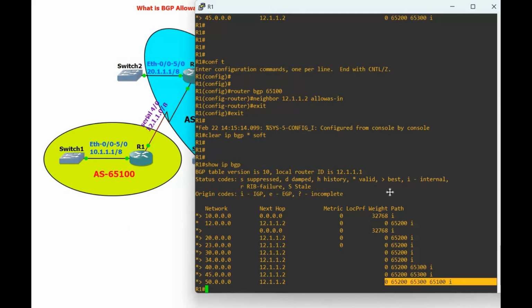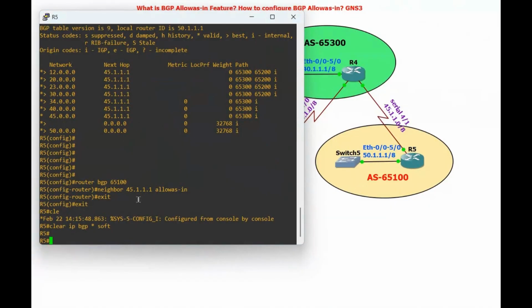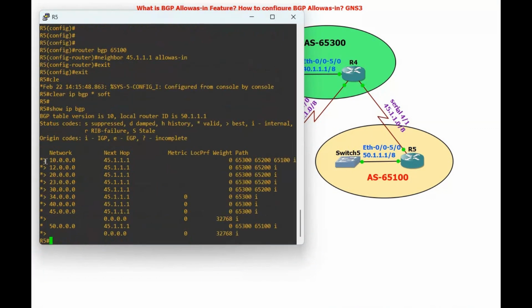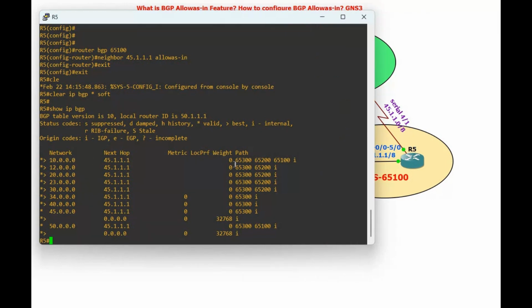In the same way we verify on router 5. Show IP BGP. You will see the 10 dot network and its path. The path is AS 65300, AS 65200 and then AS 65100.